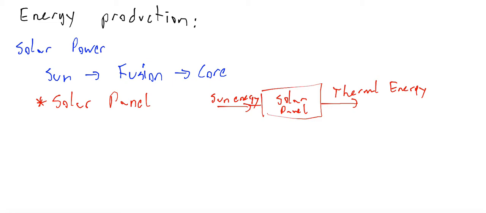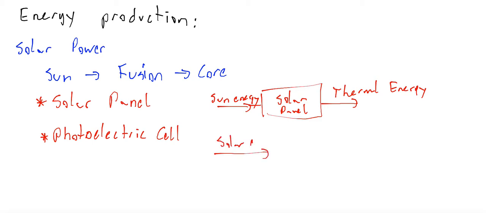Okay, and second is the photoelectric cell. A photoelectric cell is a device which converts solar energy into potential difference, so into electrical energy.